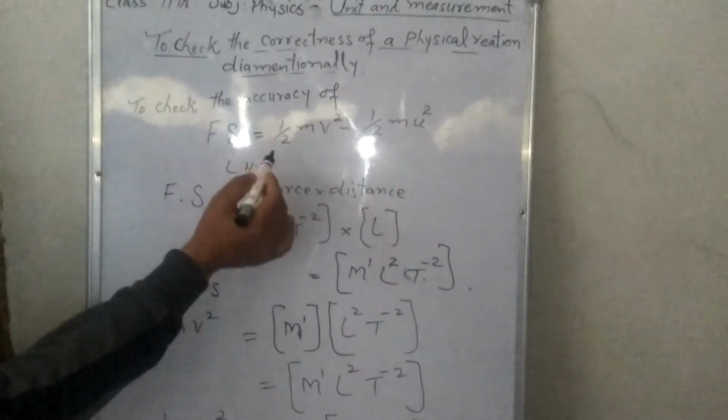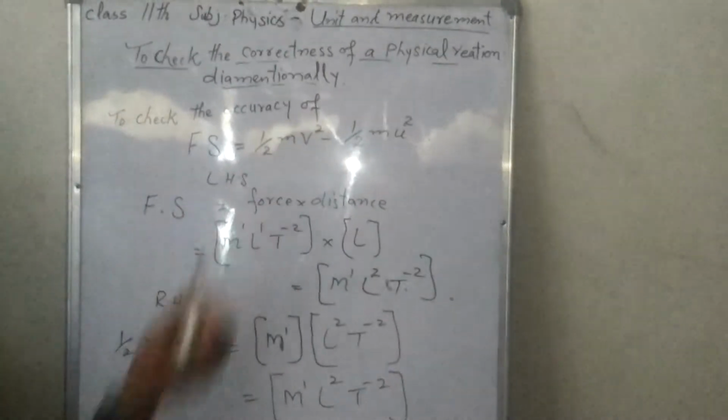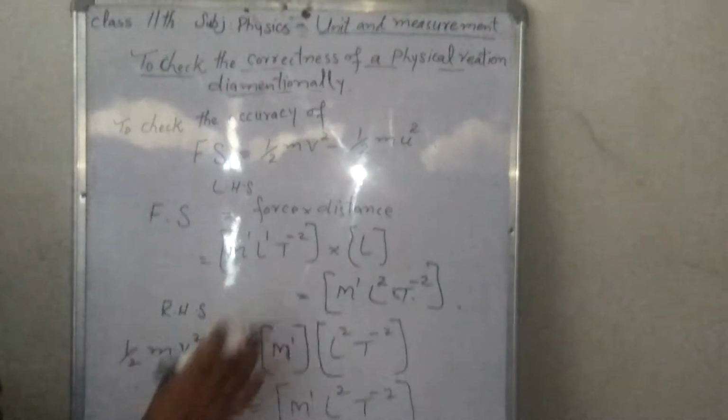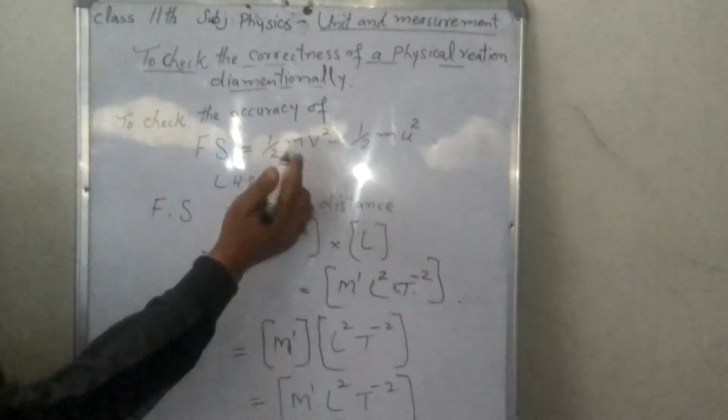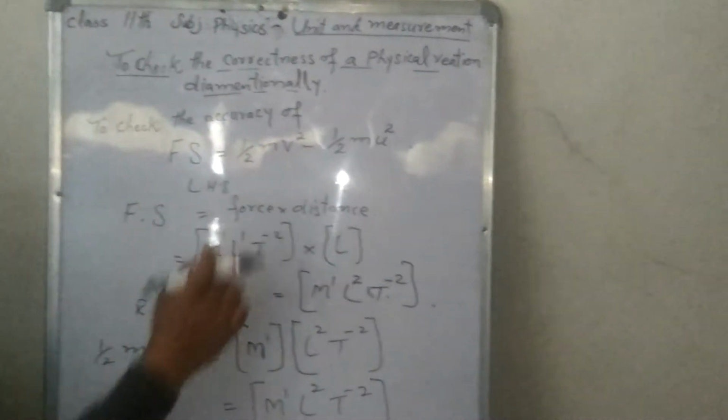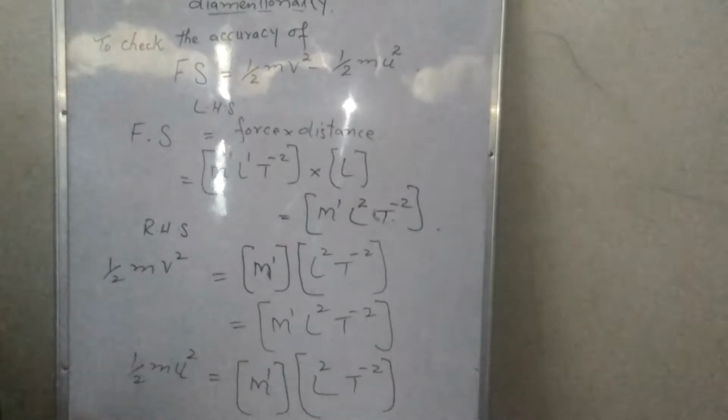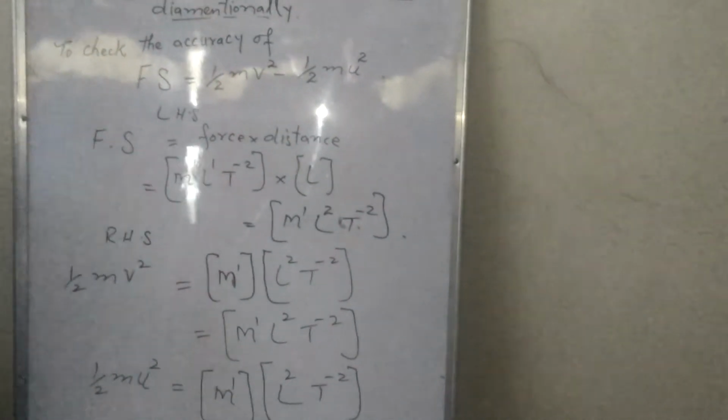Hence, the physical relation Fs equal to 1 by 2 mv square minus 1 by 2 mu square is dimensionally correct. Here you have to consider this minus part: mv square is the same as the LHS, mu square is the same as the LHS. Hence, this relation is dimensionally correct.